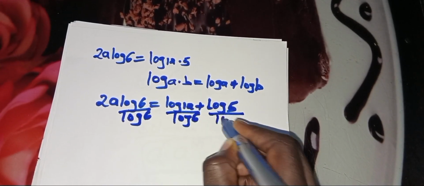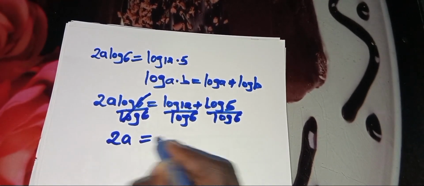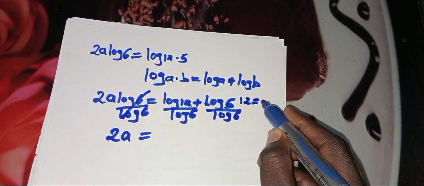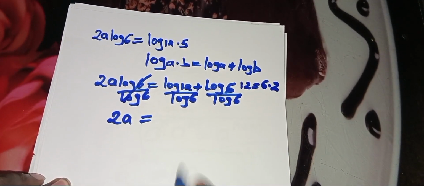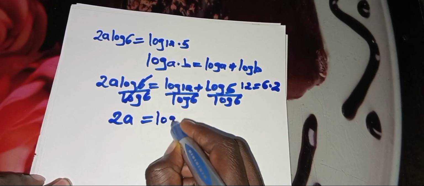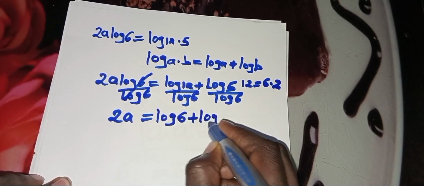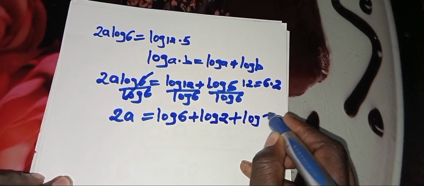So that now we're going to have 2a equal to log 12 over log 6. 12 can be expressed as 6 multiplied by 2, so that now we can express this as log 6 plus log 2 plus log 5.